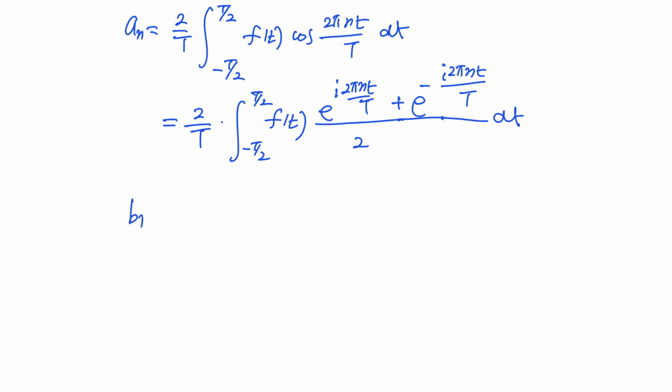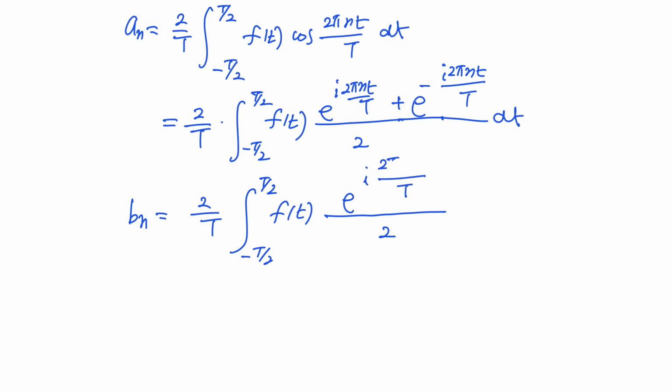On the other hand, bn is 2 over T, integral from minus T over 2 to T over 2 of f(t) times 1 over 2i exponential i 2 pi n t over T. Oh, wait a minute.